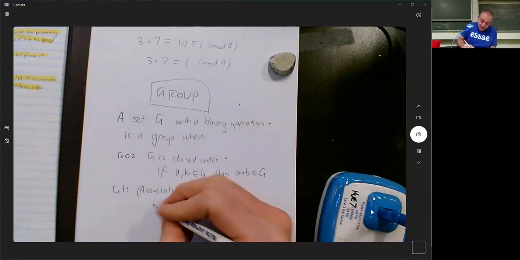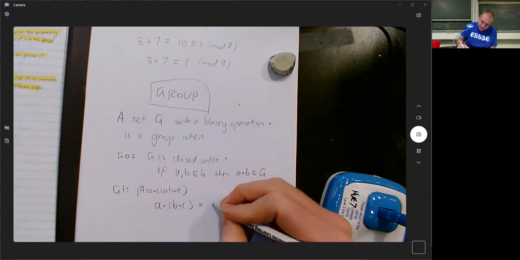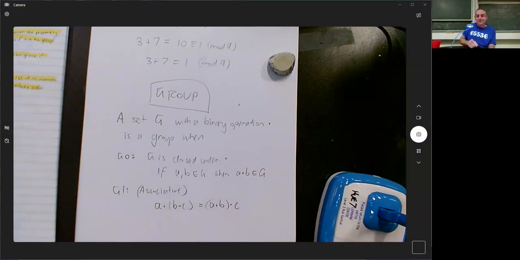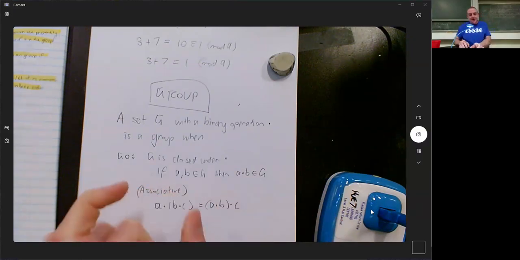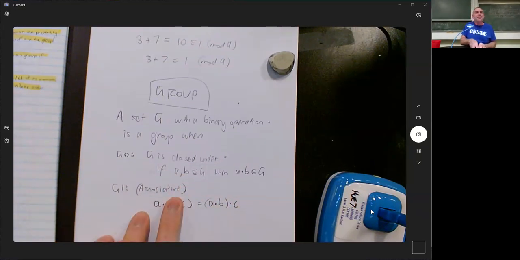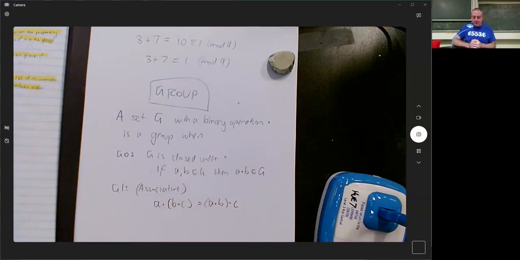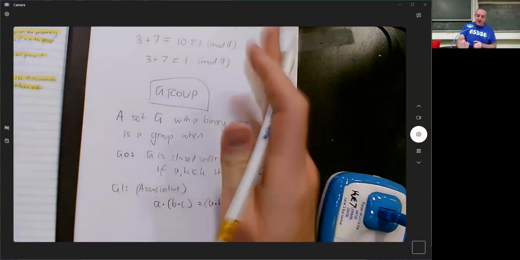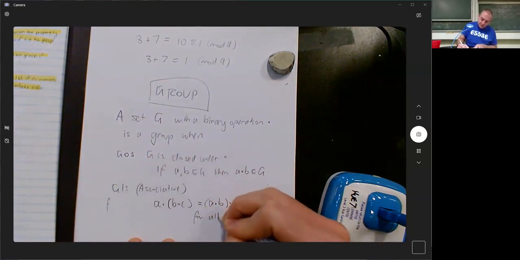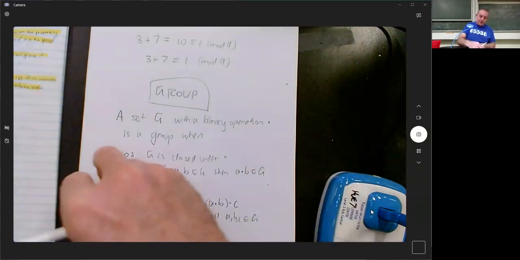I love it. You can see where the brackets from here went there. They've flipped over the B to the other side. It's very visceral and kinesthetic. I love it. For A and B and C in G. That's the associative law.